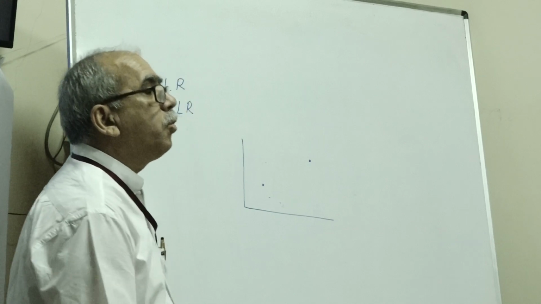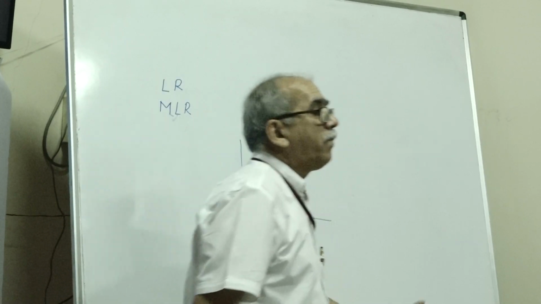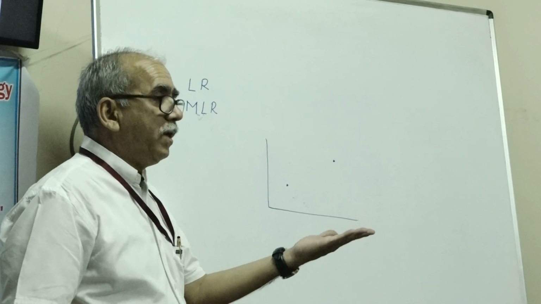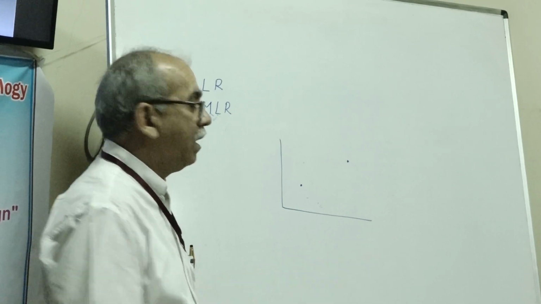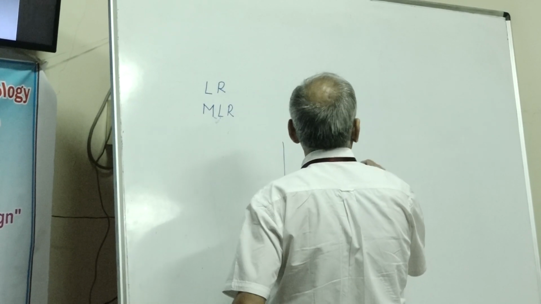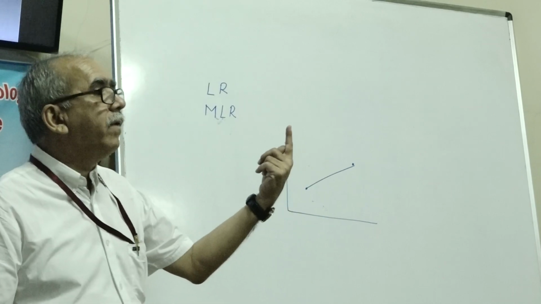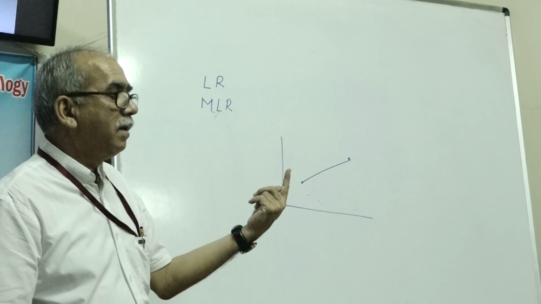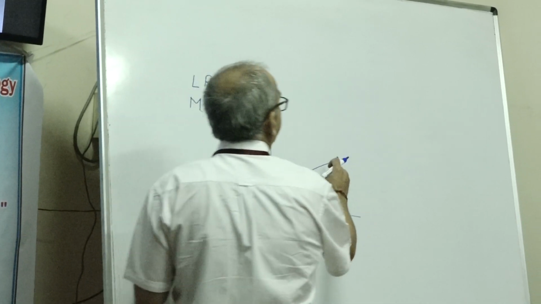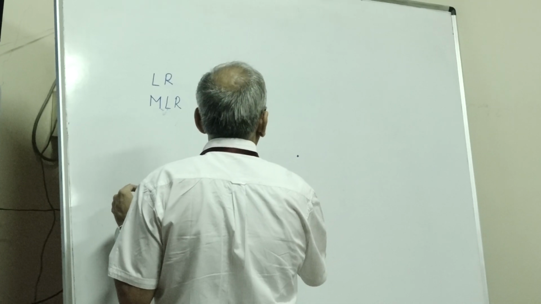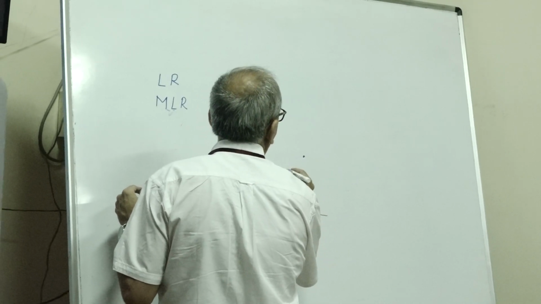Suppose if you have 2 points, what should be the R square value? It will be 1. Yes. It will be 1. Okay. Now let us say if I plot a point somewhere here.